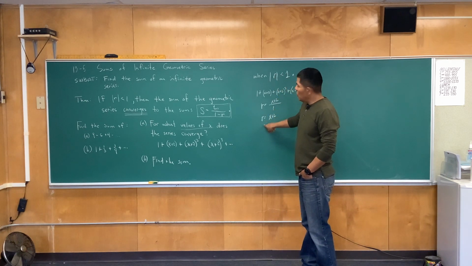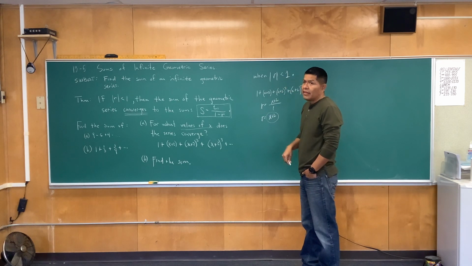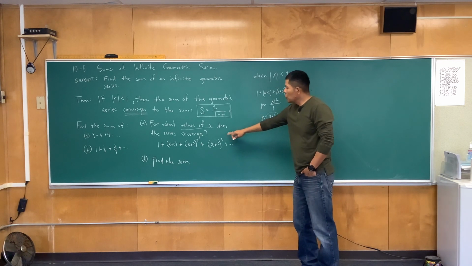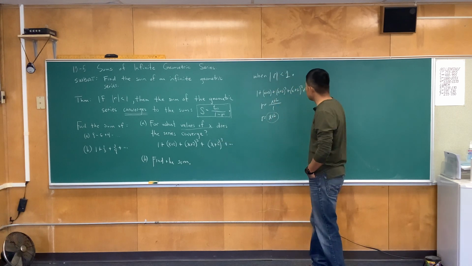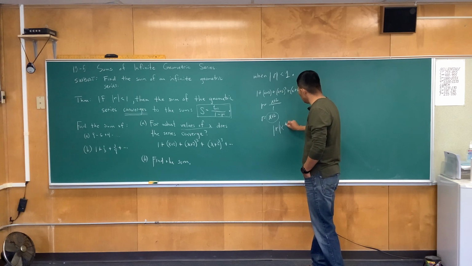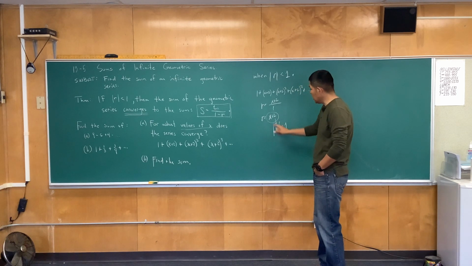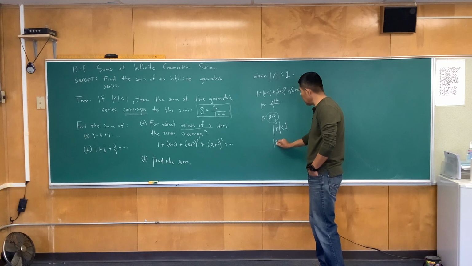Now we can say that when this is less than 1, our series will converge. So the absolute value of r is less than 1. Then we substitute x plus 2 in for r, because that's what our ratio is. So we have the absolute value of x plus 2 is less than 1.